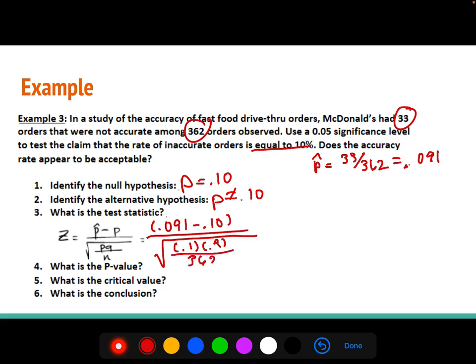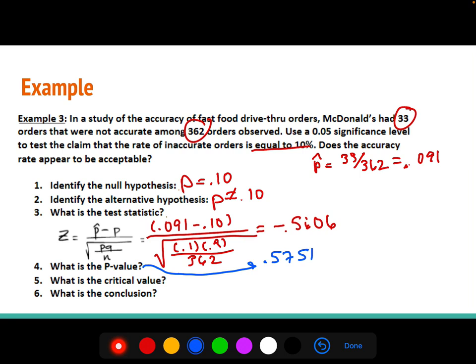That's 0.10, 0.90 out of 362. Type that in the calculator, and we get Z is negative 0.5606. Now to find the p-value, we do the prop test, and we put that in. With that, it gives us 0.5751, and it also confirmed that our Z is negative 0.5606.